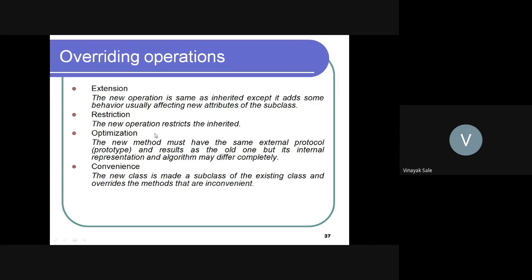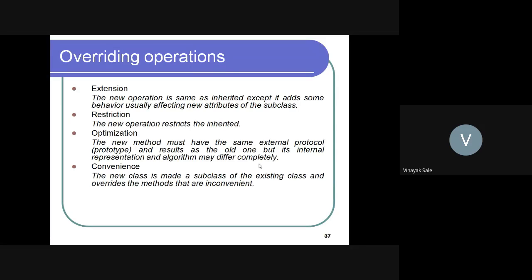Then restriction. A new operation restricts the inherited one. That is the protected concept. Then optimization. The new method must have the same external protocol and results as the old one, but its internal representation and algorithm may differ completely.